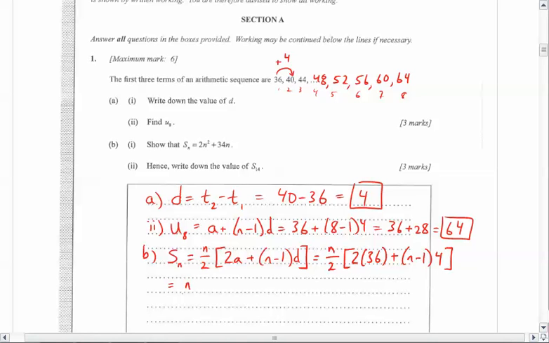So that would be half n, 72 plus 4n minus 4, expanding the 4 into the brackets, to give 68 plus 4n times n over 2. And if we expand that out, we get 34n plus 2n squared.